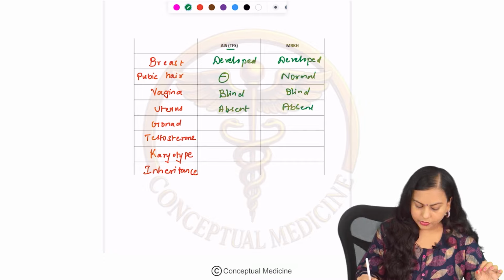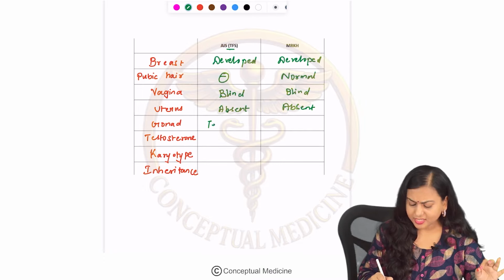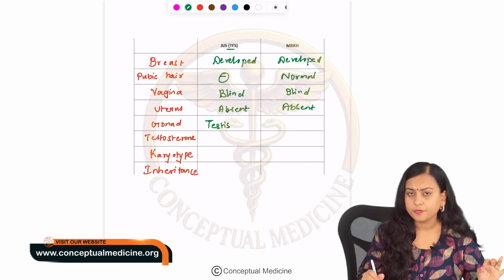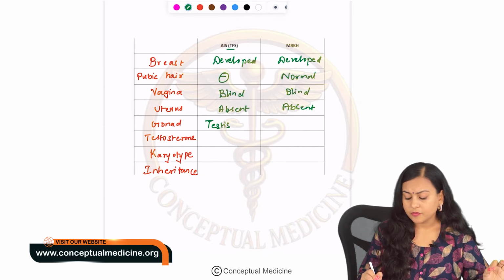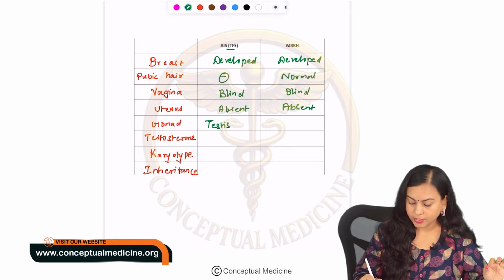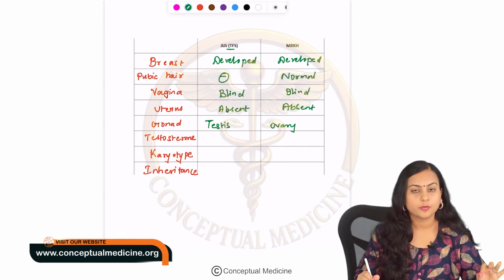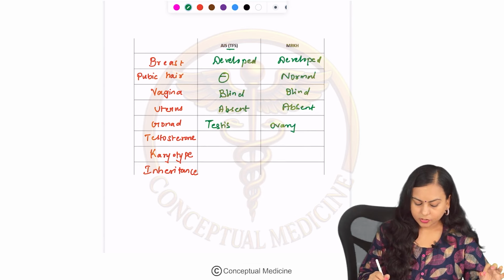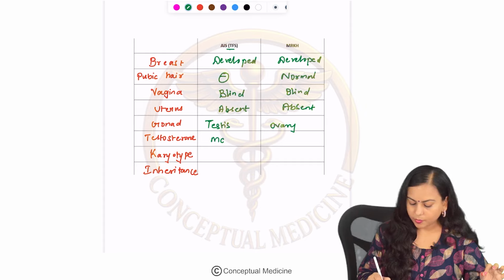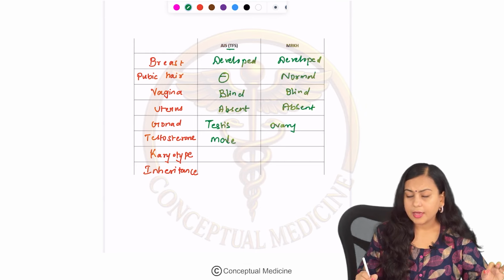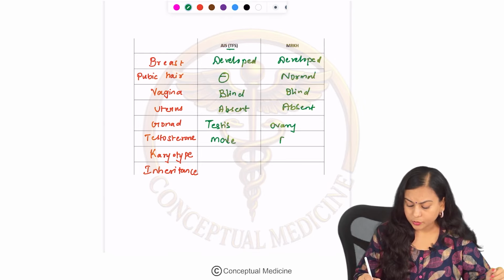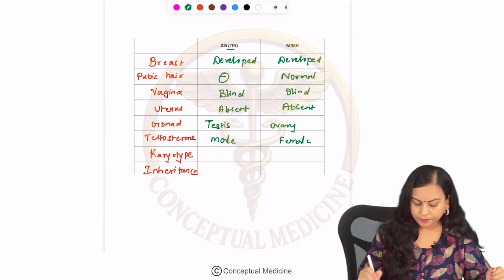The gonad is going to be testis in androgen insensitivity syndrome, and it can vary in location, whereas in MRKH syndrome this is going to be a normal ovary present at the normal site. Testosterone levels are in the normal male range in AIS, and in MRKH the testosterone levels are going to be in the normal female range.